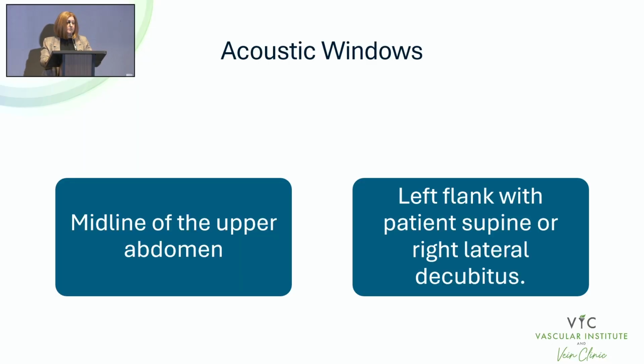So your acoustic window is midline of the upper abdomen or left flank with the patient supine or right lateral decubitus. So that's how you overcome some of that depth of traveling through so much tissue. That ultrasound sends out a pulse, and it has to travel and then come back to the machine.